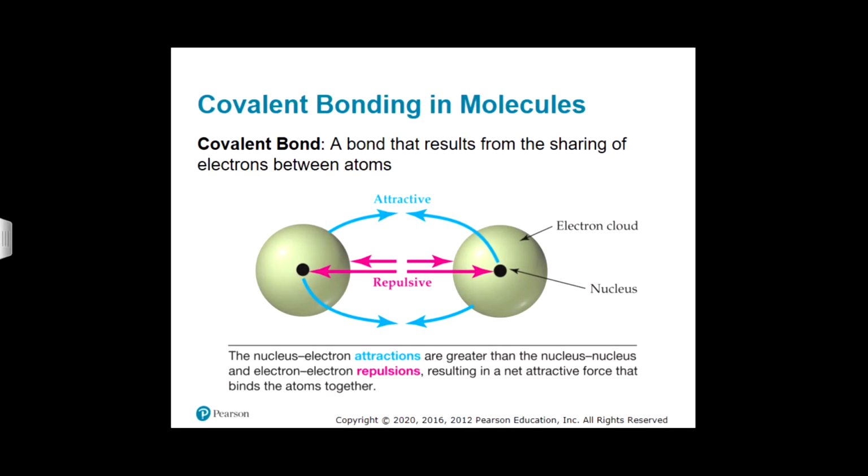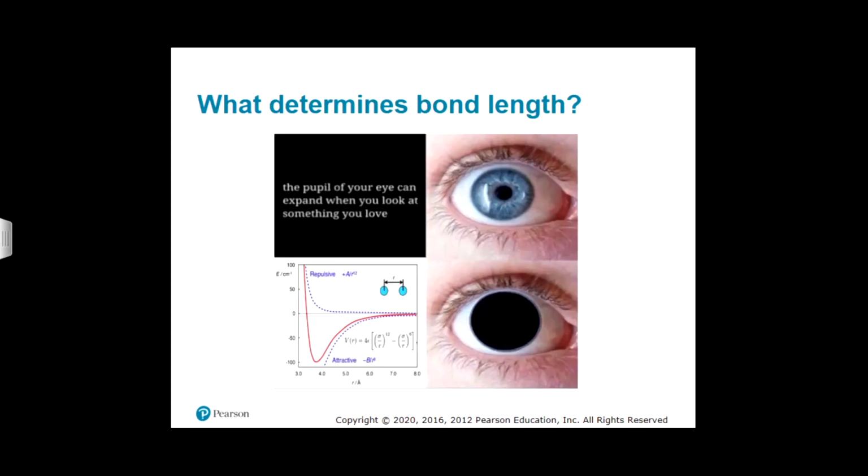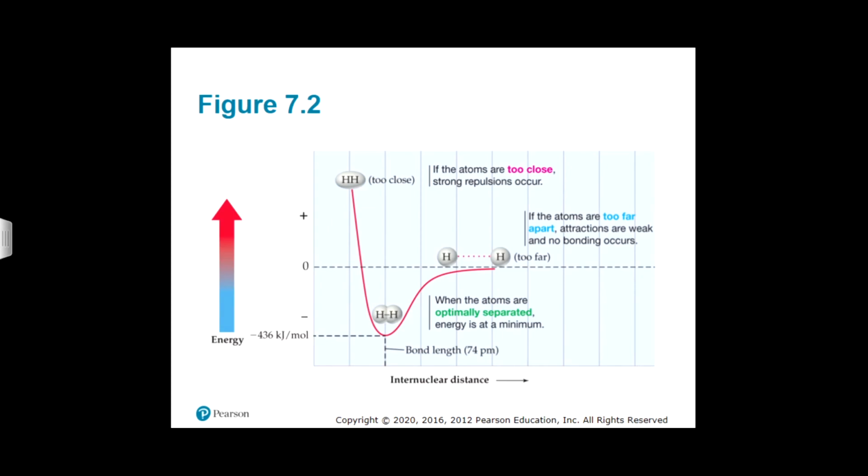Now, both of these forces depend on the distance between the 2 atoms. So how can we determine what this distance is? If we look at this chart, this will give you a good idea of what determines this. On the x-axis here, we have the distance between 2 hydrogen atoms in a bond in a hydrogen molecule.